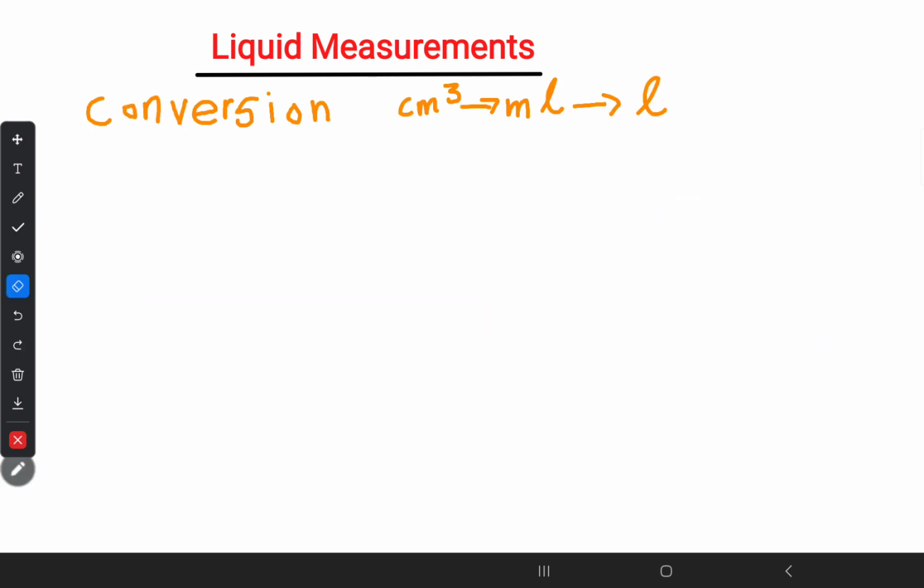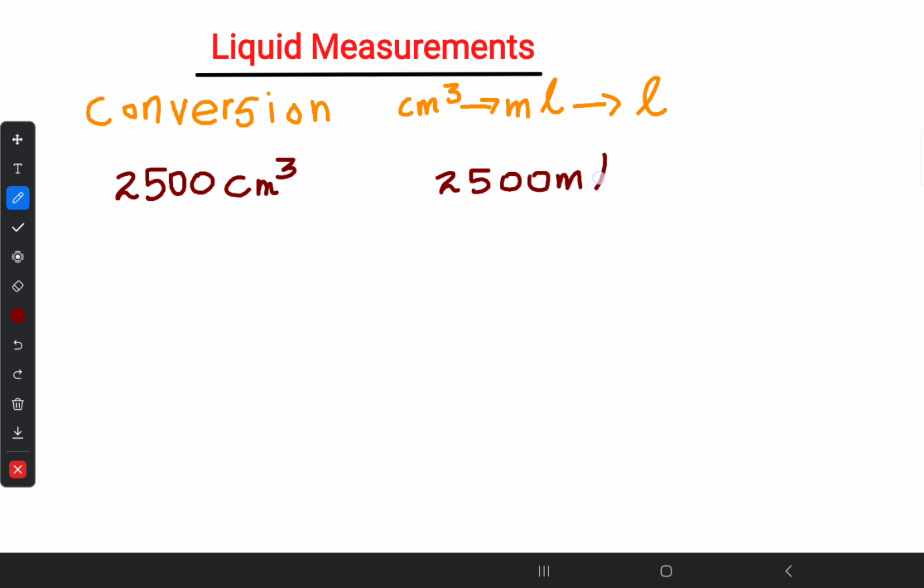If I give you a cubic centimeter measurement, now we know the basics. I'll give you 2500 cubic centimeters. First of all, you should convert that to milliliters. The ratio between cubic centimeters and milliliters is exactly the same, 1 to 1. So it is 2500 milliliters as well.